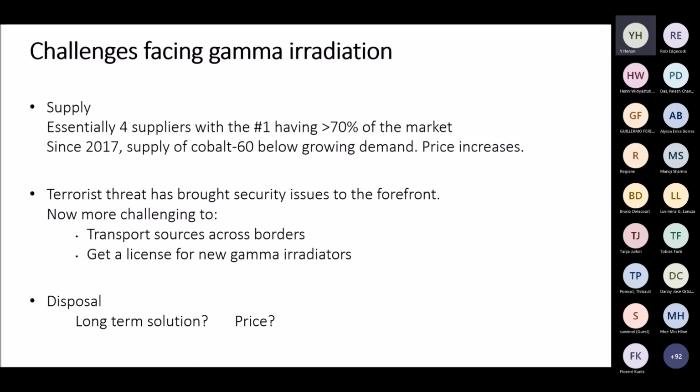All the cobalt that has been used since, say, 1960 needs a very small place. So it's not the same magnitude as, let's say, nuclear waste from power plants.